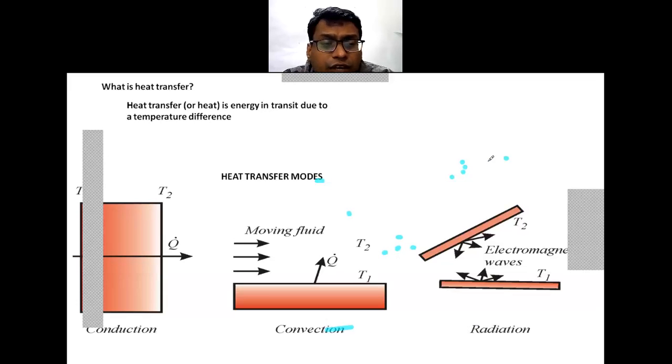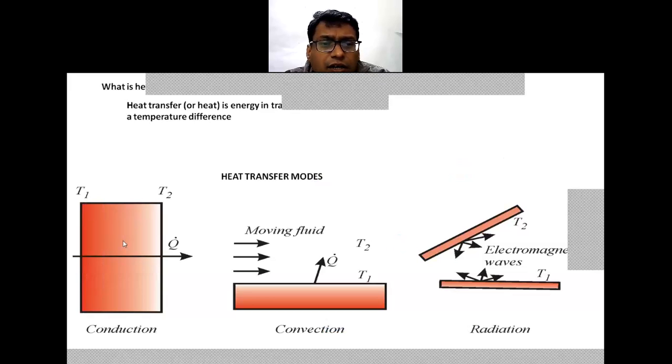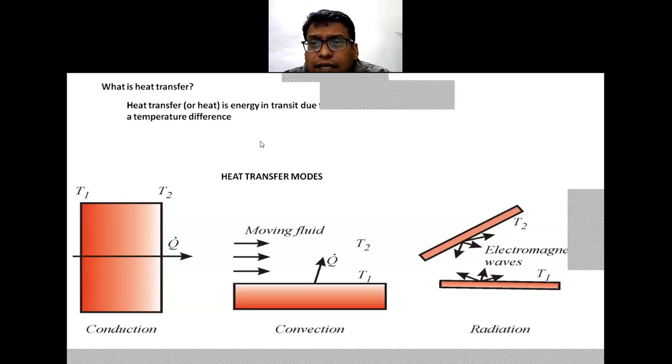So looking at this figure, when you consider conduction, there is a metal wall through which one side is at a temperature T1 and the other is at a temperature T2.